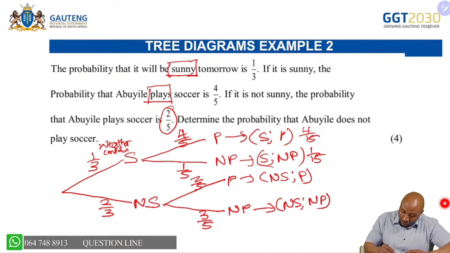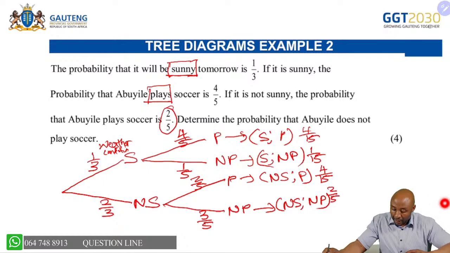Then 2/3 times 2/5 gives us 4/15. And then we have 2/3 multiplied by 3/5, which gives us 2/5.